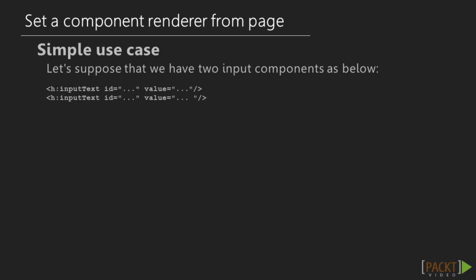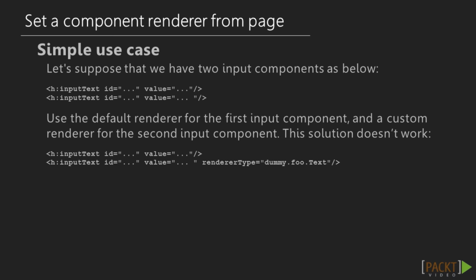In order to understand this use case, let's suppose that we have the following 2 input components. By default, both of them will be rendered via the renderer identified by the javax.faces.Text renderer type. But let's suppose that we want to use the default renderer for the first input component and a custom renderer for the second input component.